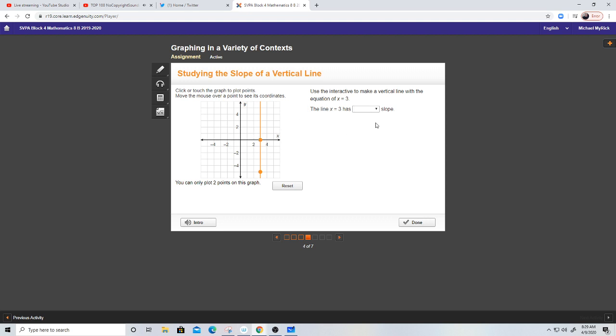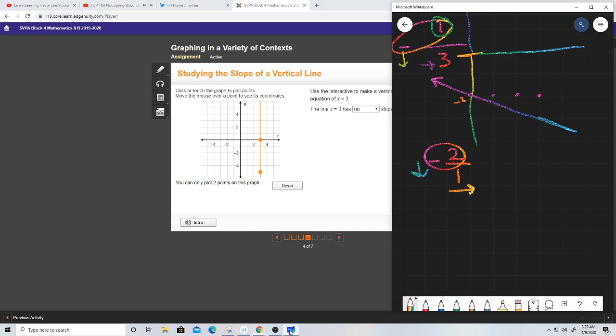What's its slope? Well, it has no slope. We've talked about this, but 0 rise over any run is 0. But let's say I go up 7, but I don't go left or right.